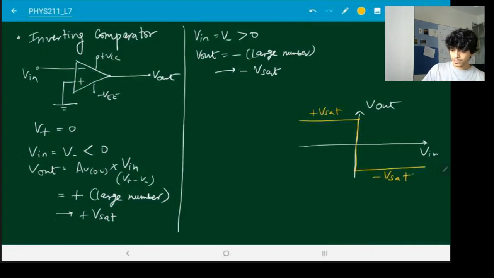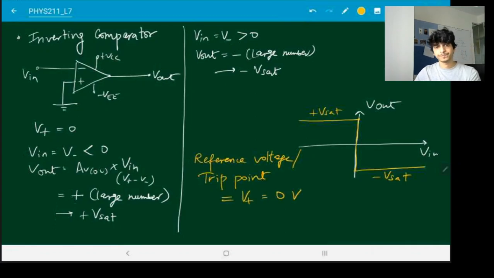Once again over here, your reference voltage or your trip point is just given by V plus, which is 0 volts. This is what we mean by a comparator circuit. Whenever your input crosses the trip point, the comparator forces the output to change its state. It goes from a high state to a low state, or from a low state to a high state.